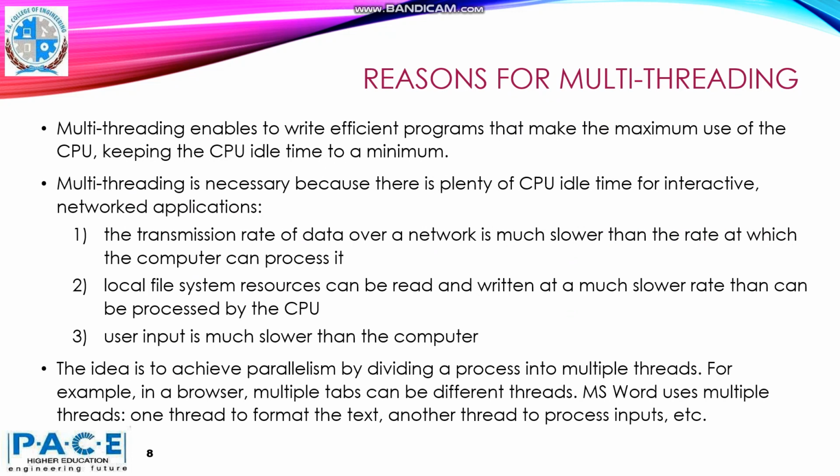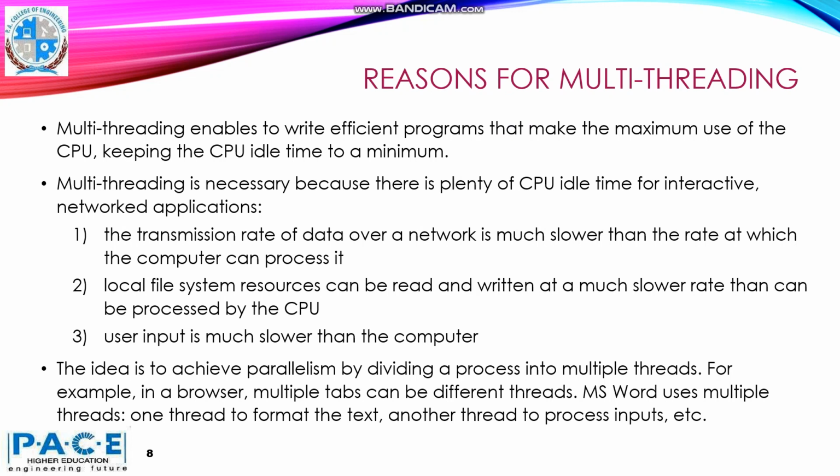The transmission rate of data over a network is much slower than the rate at which the computer can process it. The local file system resources can be read and written at a much slower rate than can be processed by the CPU, and the user input is much slower than the computer processing. Therefore, for most of the time, the CPU is idle when these tasks are happening.